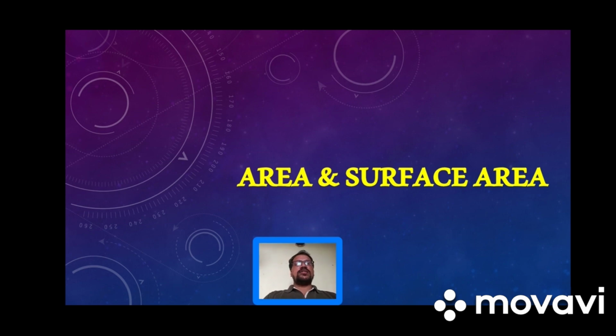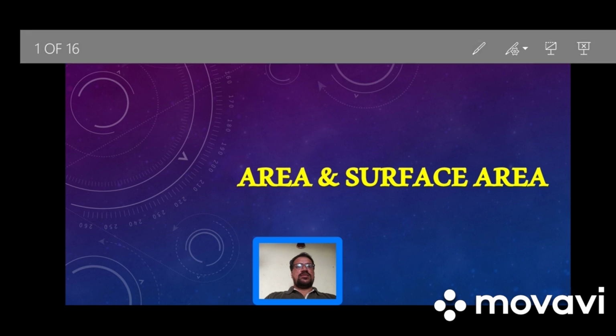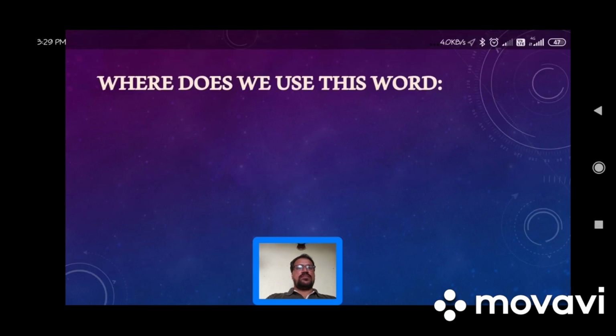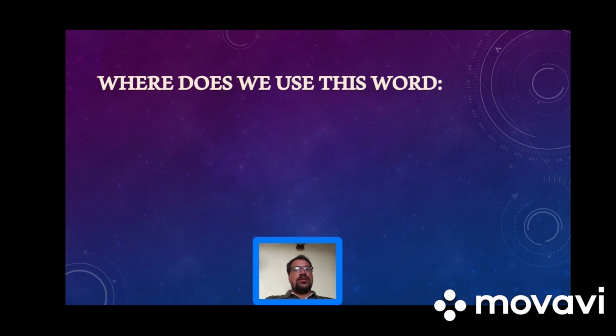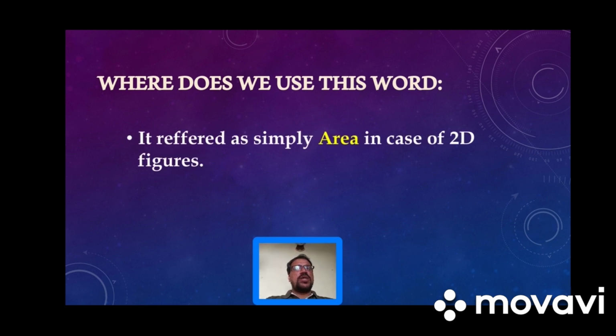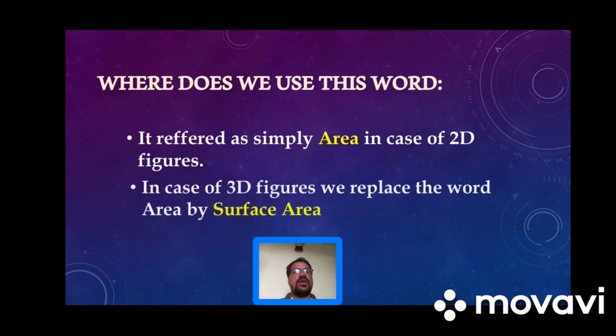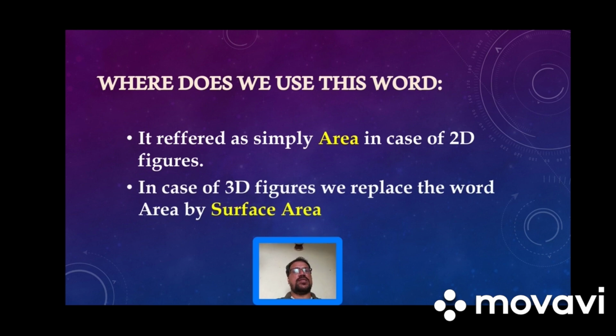Area and surface area. Where do we use these words? It is referred to simply as area in the case of 2D figures, two-dimensional figures, whereas in the case of 3D figures, we replace the word area by surface area.